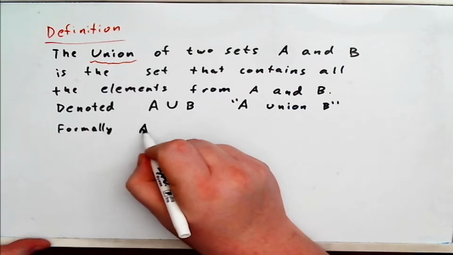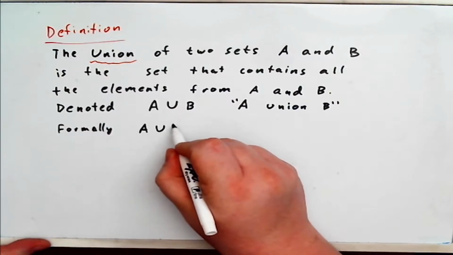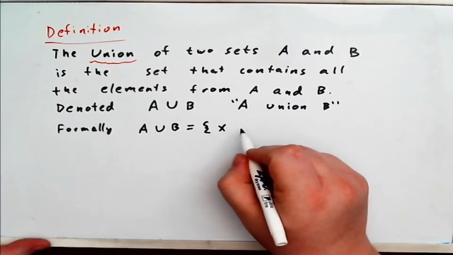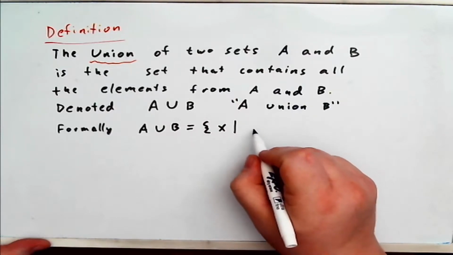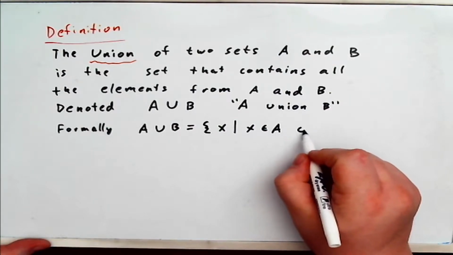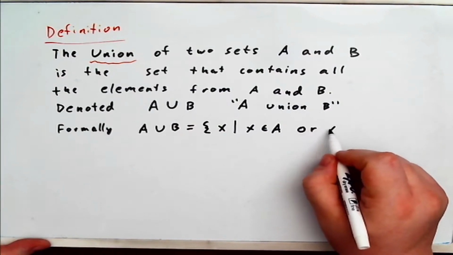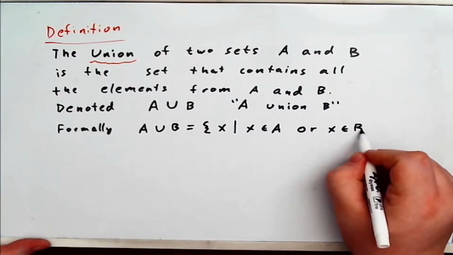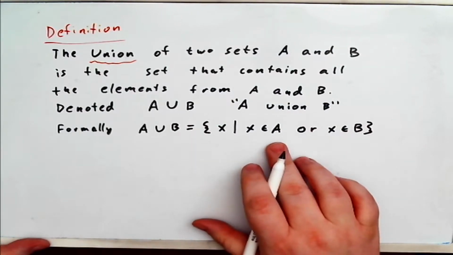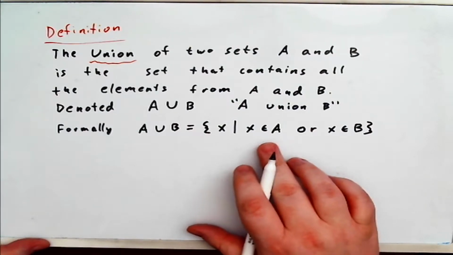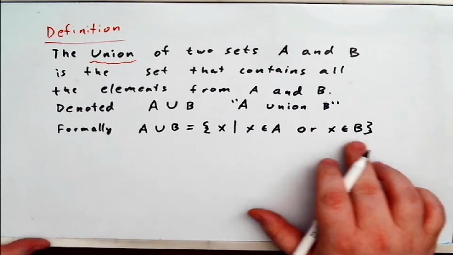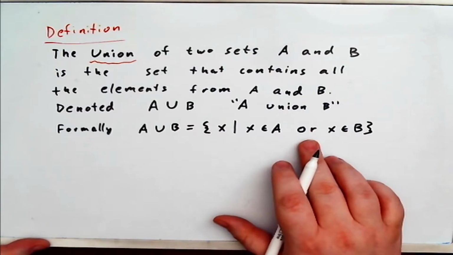More formally, this is how we would formally write this. The set A union B is the set defined by element X, such that X is an element of A, or X is an element of B. So A union B is the set of all elements that are either in A, or they're in B. They could be in both, so this or is not exclusive.